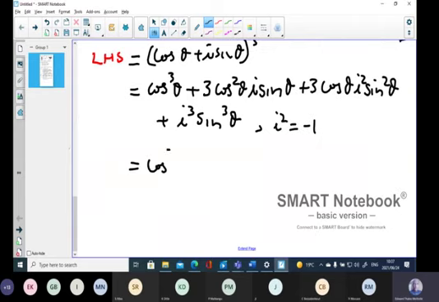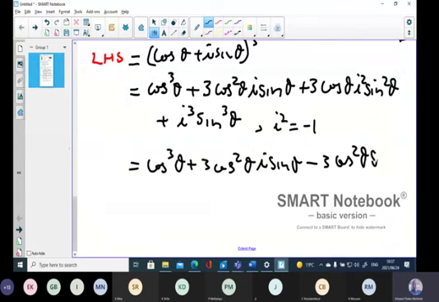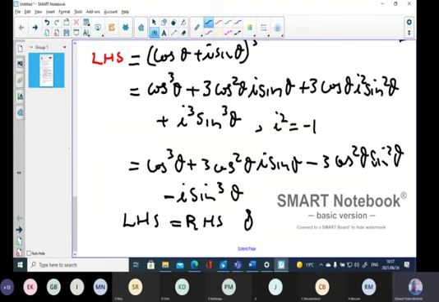So we have cos to the power 3 theta plus 3 cos squared theta i sine theta minus 3 cos theta sine squared theta minus i sine 3 theta. So now we have proven that LHS is equal to RHS. And again, it's done.